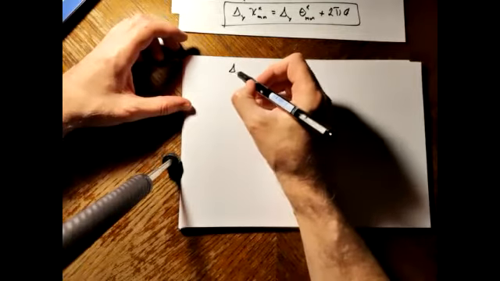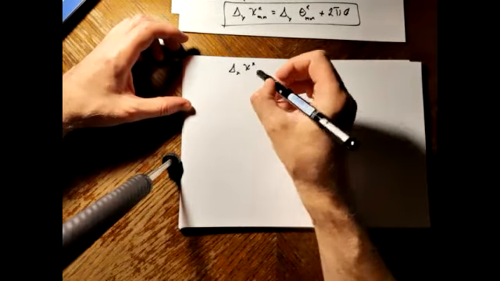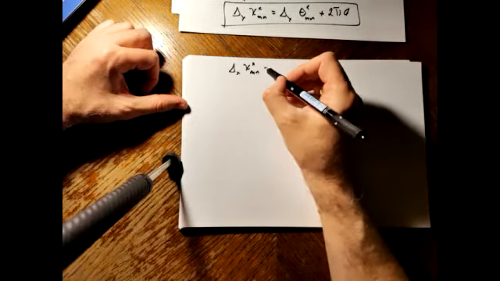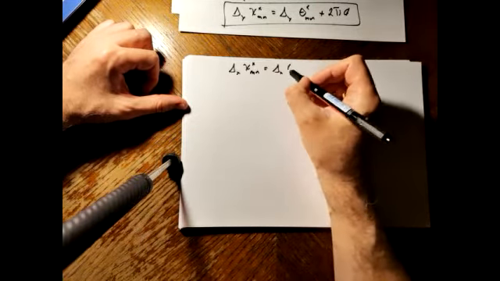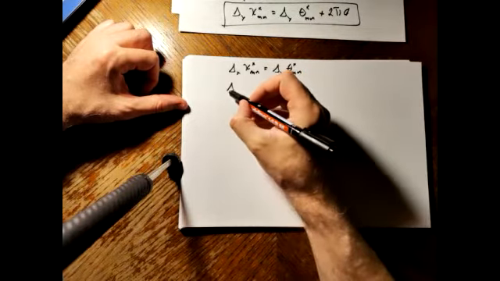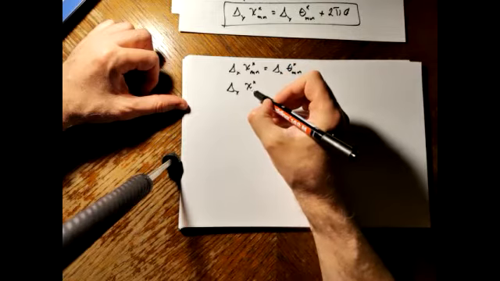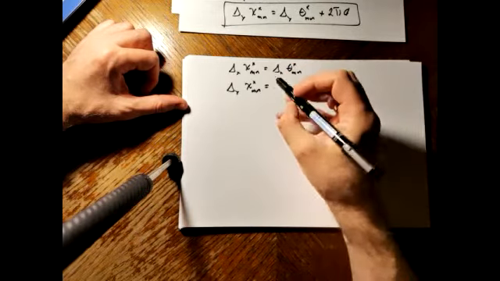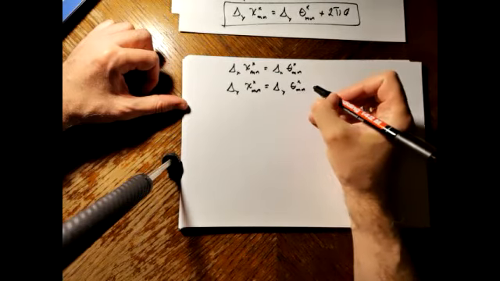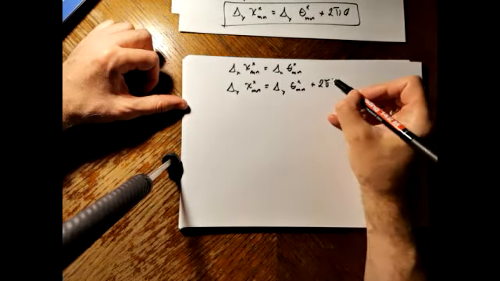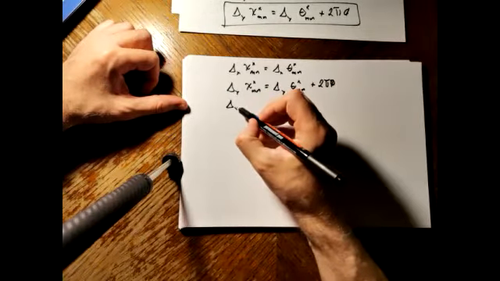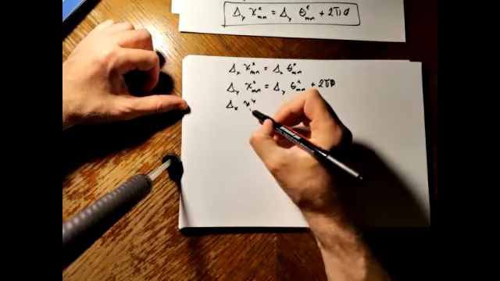So one of them, the two which we already found, are del x chi x mn is equal to del x theta x mn. Then we have del y chi x mn is equal to del y theta x mn plus 2 pi times phi. And then we also have del x chi y mn.